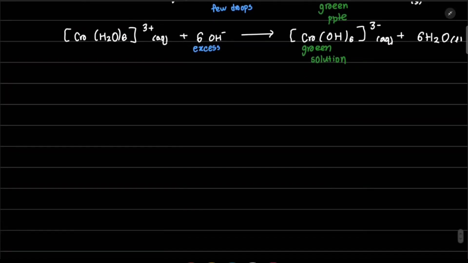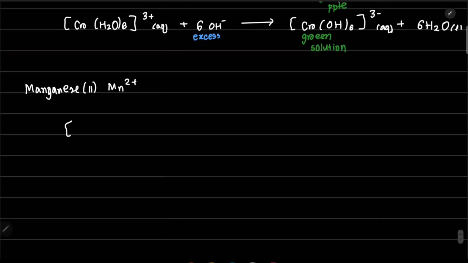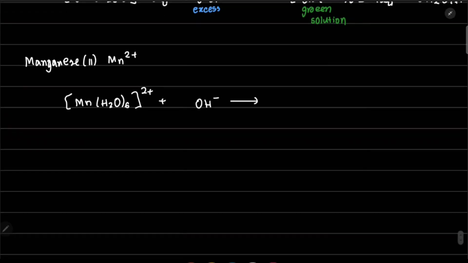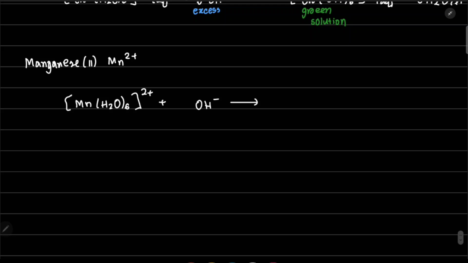Now up next we'll learn about manganese 2, which is Mn2+. Manganese 2 reacts similarly when we have OH minus reacting with it. When OH minus reacts with manganese 2, we'll get Mn(OH)2(H2O)4.